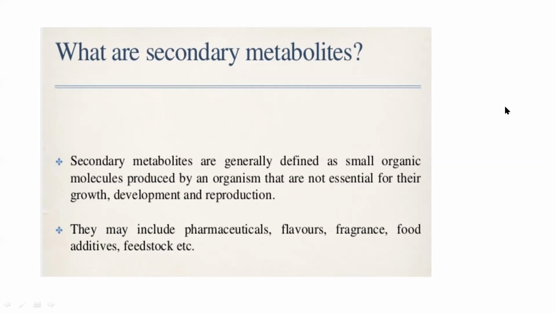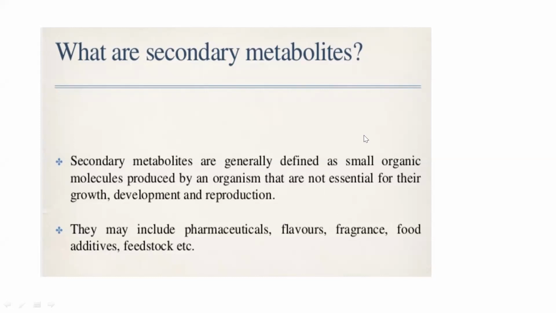There are certain other chemicals produced by the plants. They are called secondary metabolites. They are not of much use to the plant as such, though there are some benefits to the plant, but they can be exploited for human benefit or animal benefit, for the benefit of other living forms.